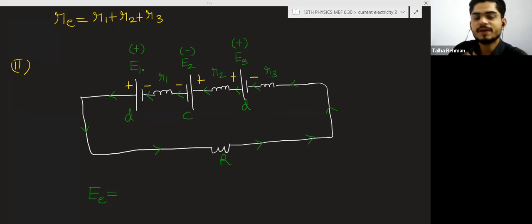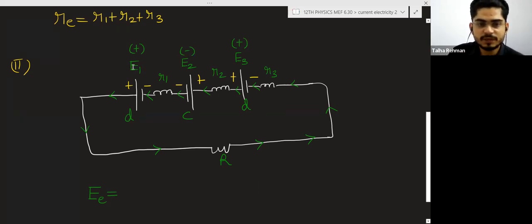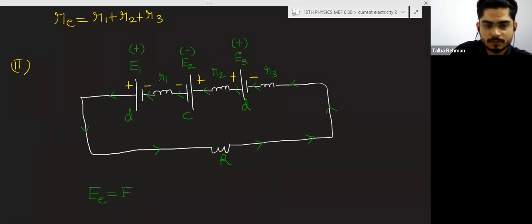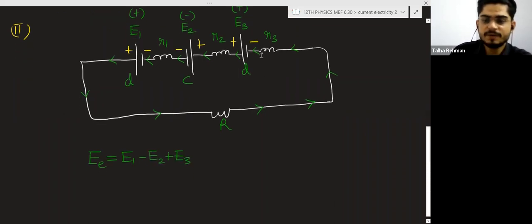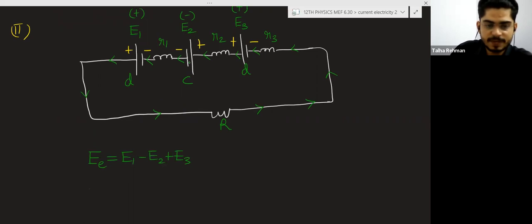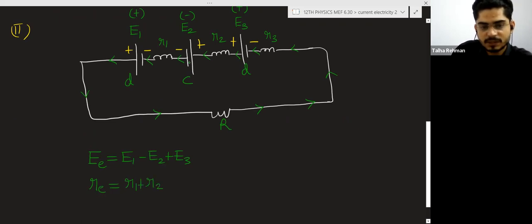So how will I write the equivalent EMF? E1 minus E2 plus E3. And the internal resistance will always be added. Equivalent internal resistance will always be added: R1 plus R2 plus R3.